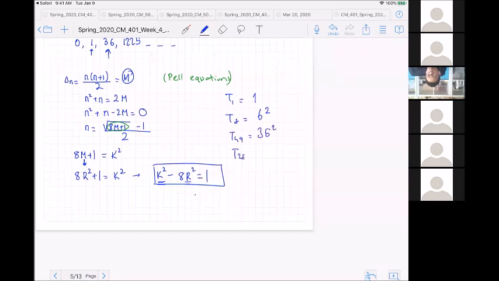And then 288 is equal to 204 squared. And one more, 1681, is 1189 squared. So these triangular numbers are perfect squares: the 8th triangular number, the 49th triangular number, and so on, okay?